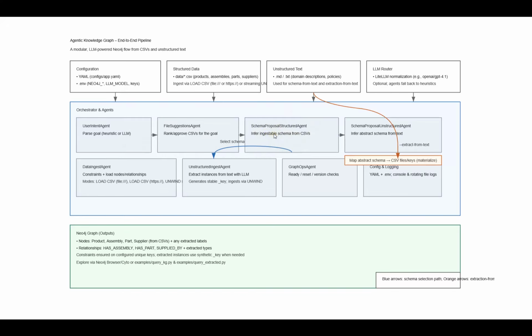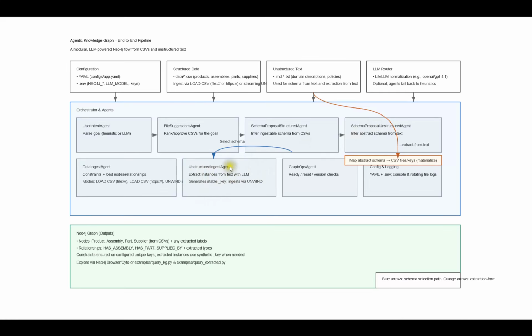We have an agent which creates a schema based on the structure and metadata of the CSVs proposed by the previous agent, and we have another agent which does the same as the previous one, but inferring the schema from the TXT or MD file.